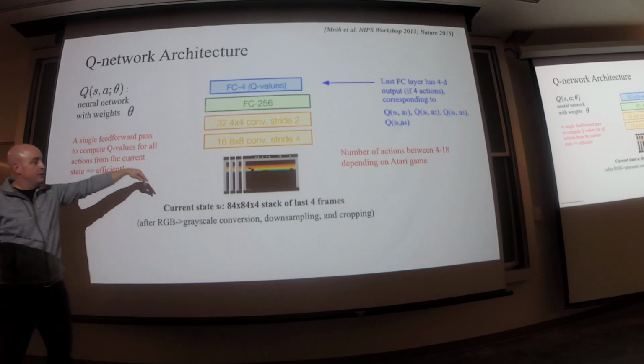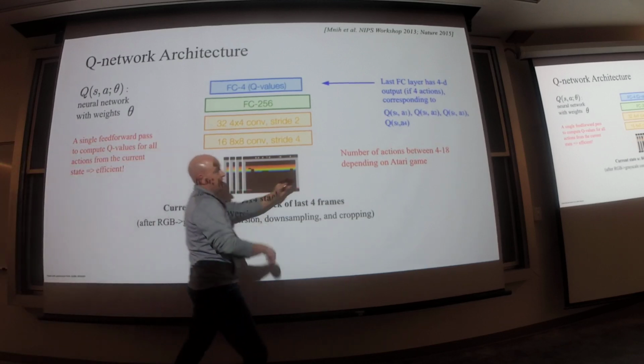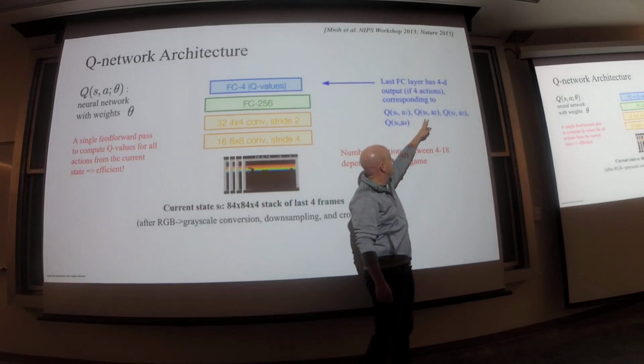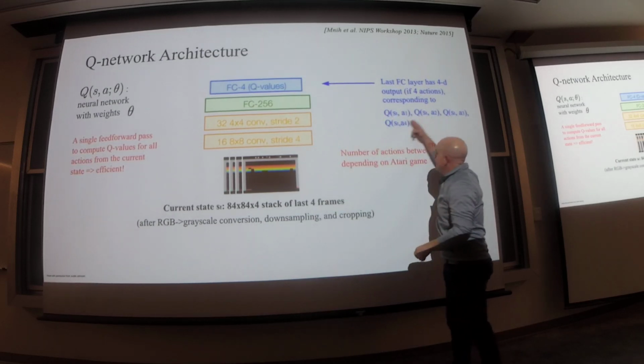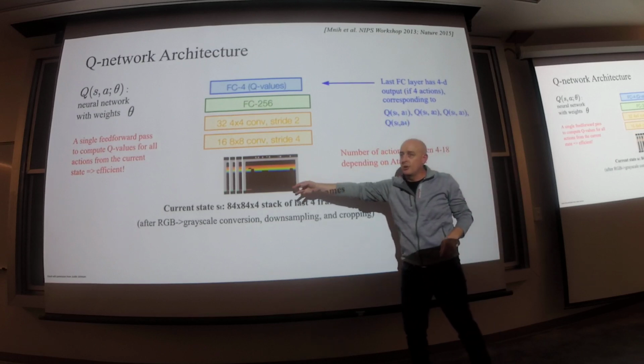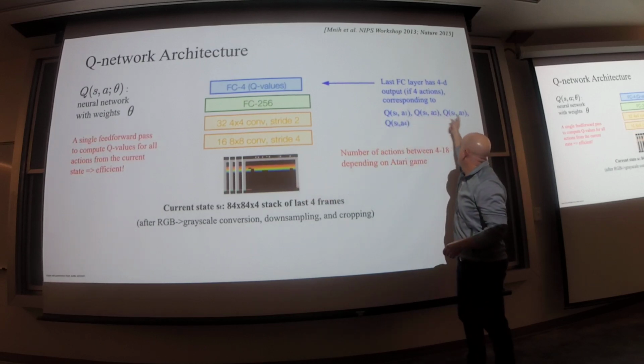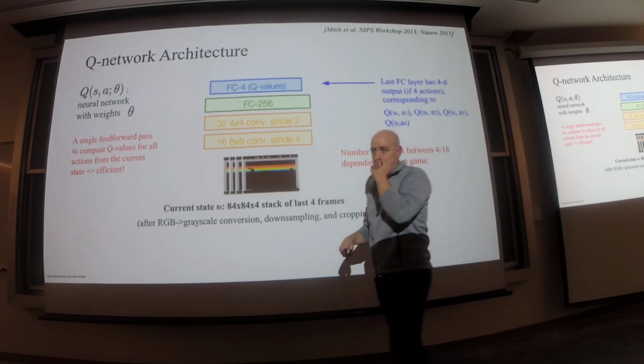You're basically getting 4 values of the Q function, all at the same state, the input to the network, but for each of the different actions that you could take.